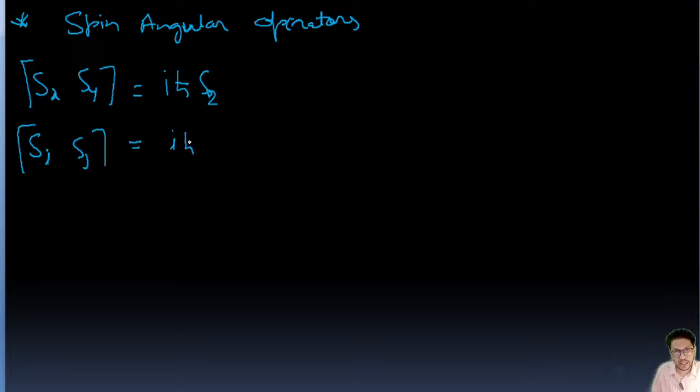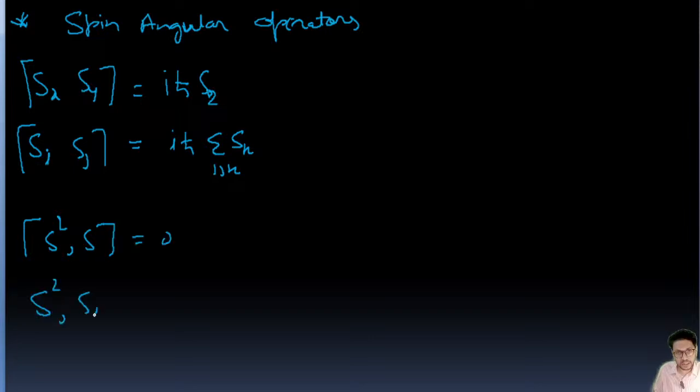This is iota ħ epsilon ijk Sk, in cyclic order. The commutation of S squared and Sz is going to be 0. There are two states, |s, ms>.